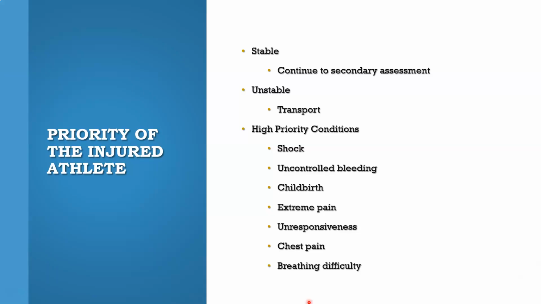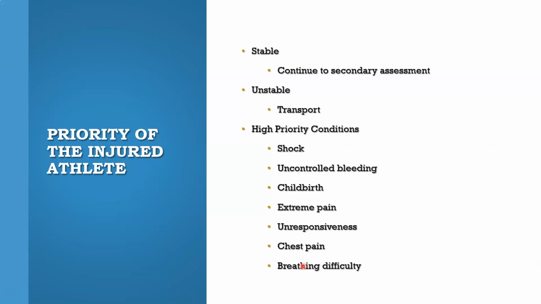So we're going to focus first off on the idea of stable and unstable athletes and high priority conditions associated with that. If we have a stable athlete, that's when we move into checking to try to identify what condition they may have, and if they have any of these high priority conditions that we missed and could possibly become unstable.